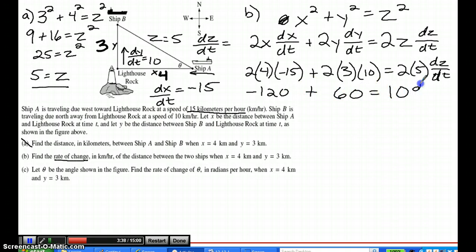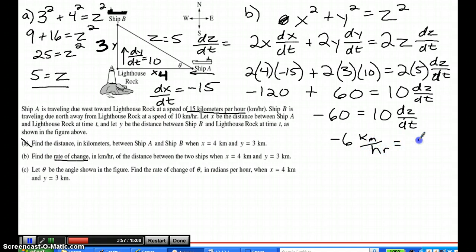And 10 dz/dt. So negative 120 plus 60 is negative 60. We divide both sides by 10, and we get negative 6 kilometers per hour is what the rate of change is.